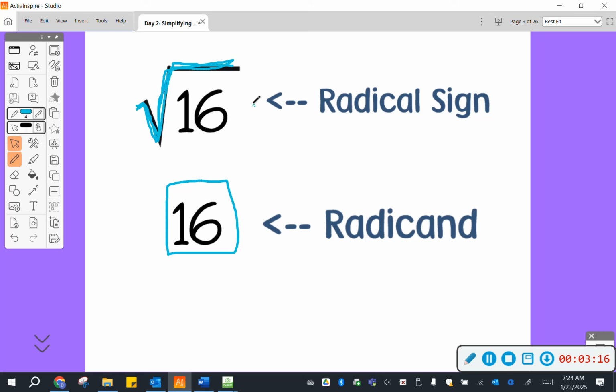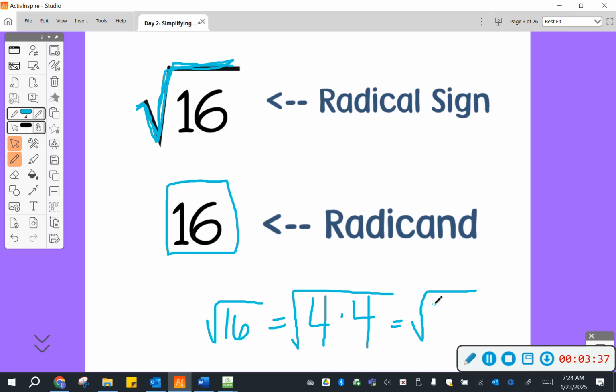Like, what is the square root of 16? 4. Why is the square root of 16 4? Like, why is that the answer? Because what square root is doing is finding the number that you're multiplying by itself, or it's finding the number that is squared.